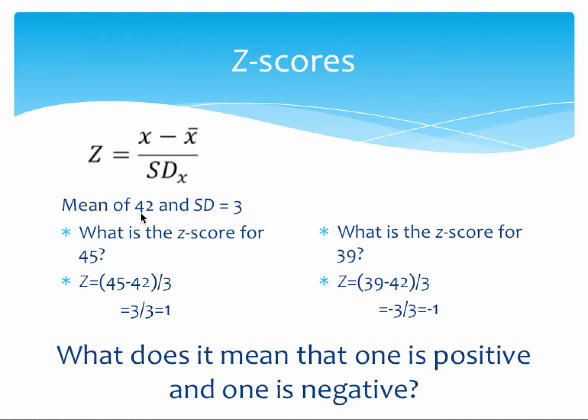So 45 is above 42, so it's going to have a positive z-score. 39 is below 42, so it's going to have a negative z-score. So always and forever, if you have a z-score that is positive, it means that the raw score was above the mean, and if you have one that is negative, it means it was below the mean.